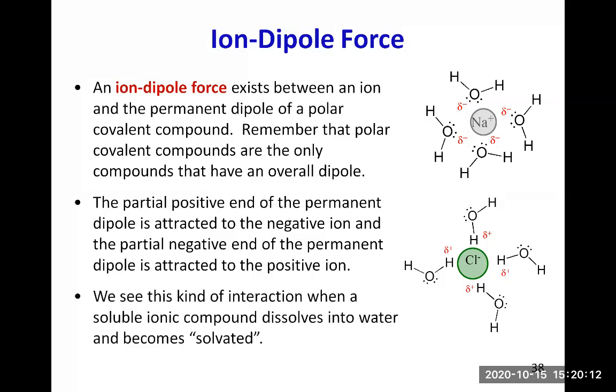We see this kind of interaction whenever we have a soluble ionic compound that dissolves in water and becomes solvated. The water takes away one ion at a time and surrounds it, oriented this way, and you have spheres of hydration around each ion. That's how you can dissolve an ionic compound.